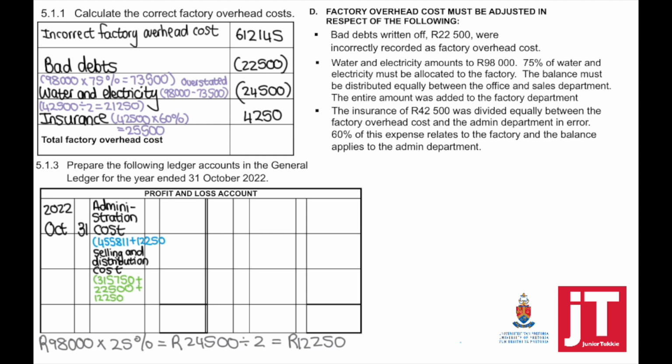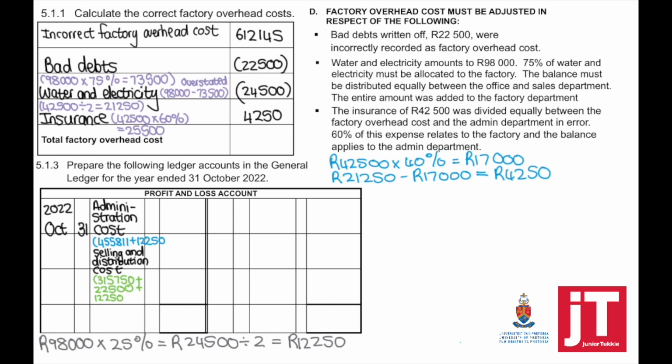If we look now at the administration, 42,500 times 40% means that 17,000 should have been allocated to the administration. So in this case, we have now overstated the amount because we've allocated 21,250.